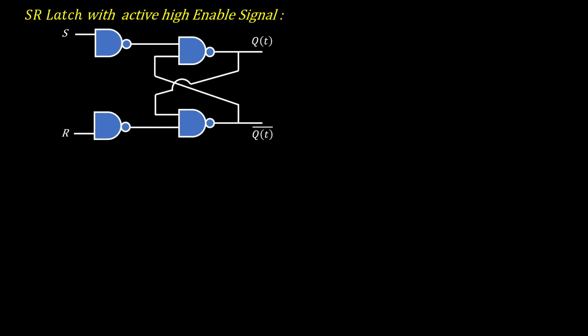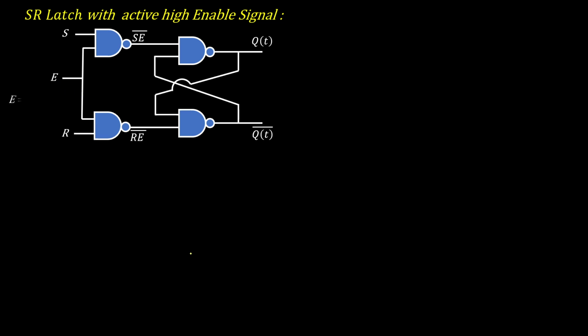Now let's see the SR latch with active high enable signal. To make the SR latch with active high enable, we will use an SR latch, but these two inputs are not short circuited. Another input will be enable, which is E. So here the outputs are SE bar and RE bar.